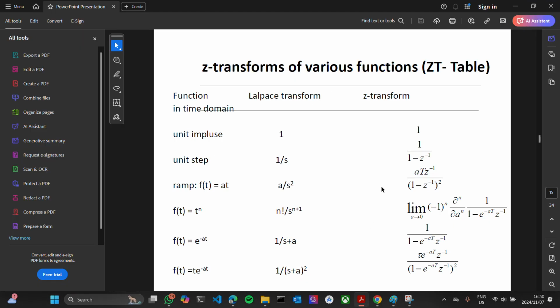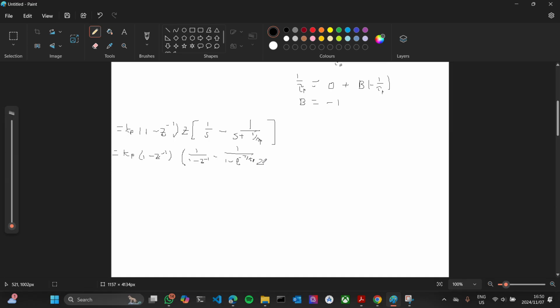There's not going to be minus. So we're looking at this here. A is now 1 over tau p. So we just input that there and then multiply by z to the negative 1. Cool. So let's continue.